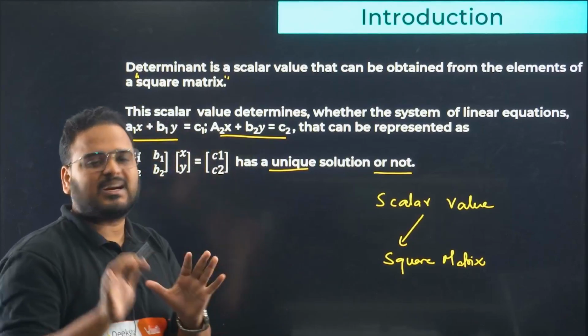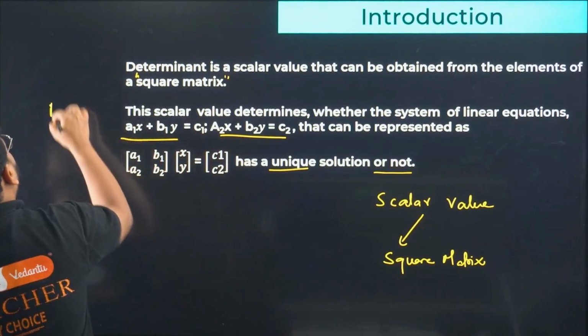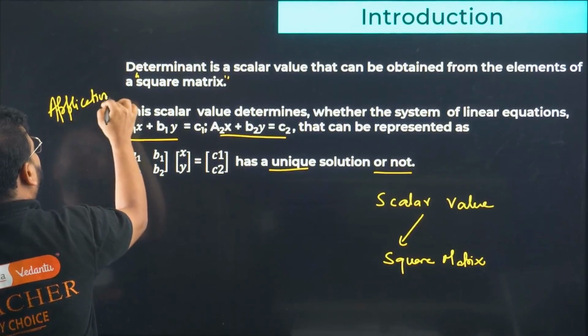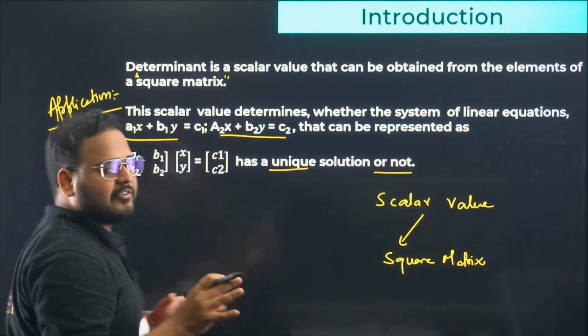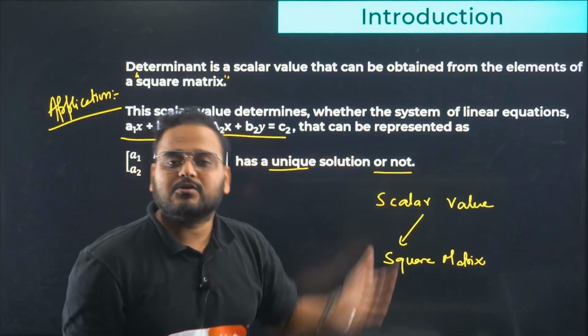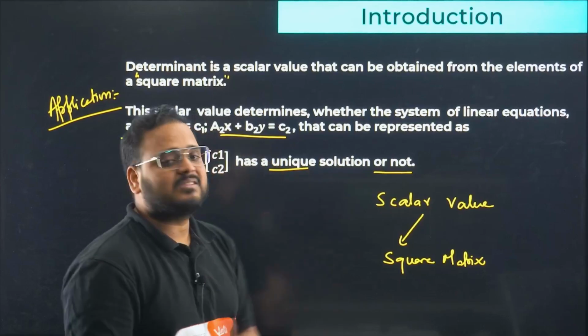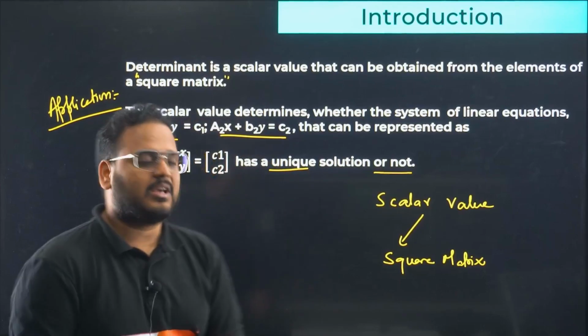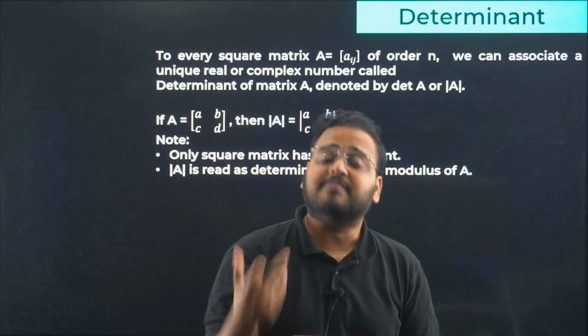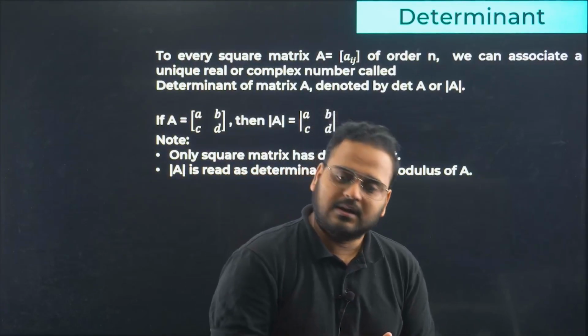Right now, just understand that this is one of the applications of the chapter. We get to know without solving the linear equations whether they are consistent, whether a unique solution exists or not. And sometimes this approach of determinant comes faster than the conventional approach of linear algebra.